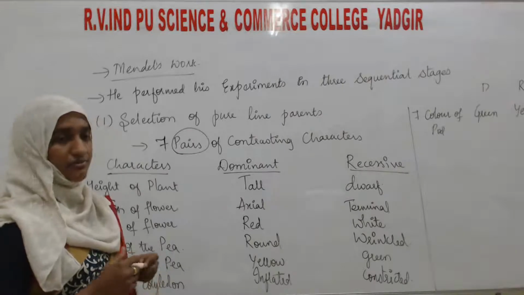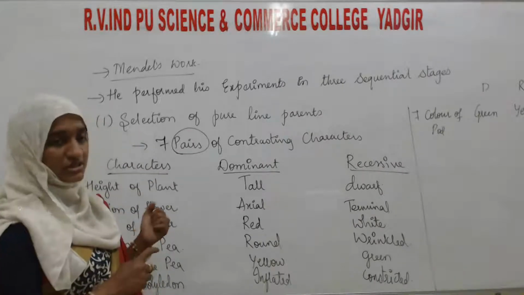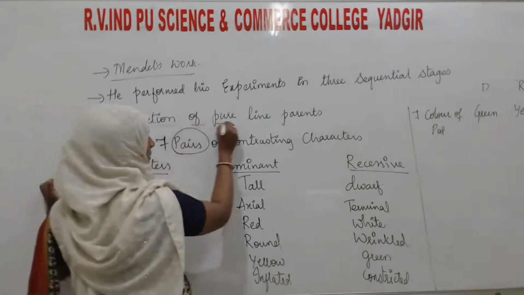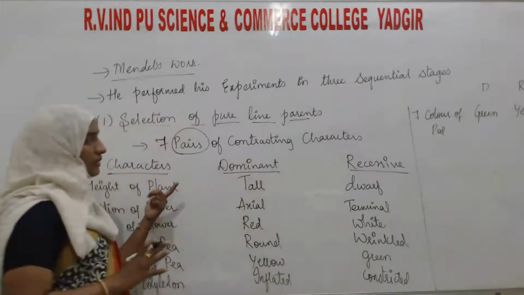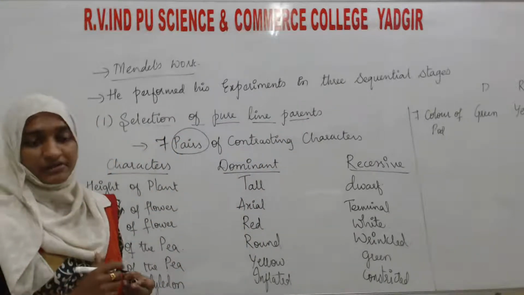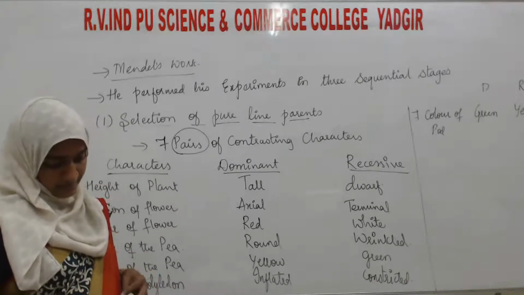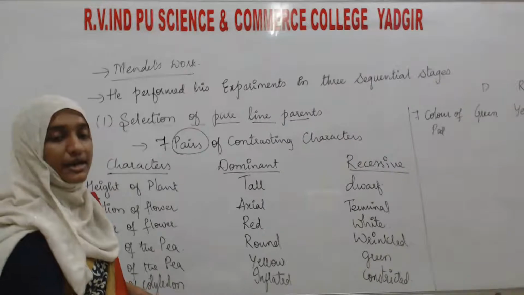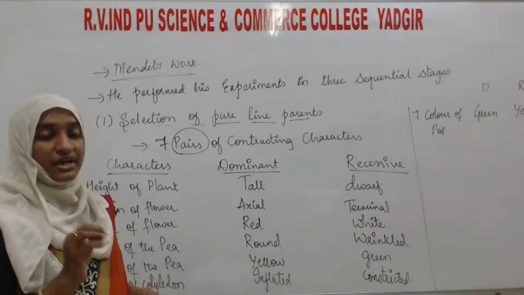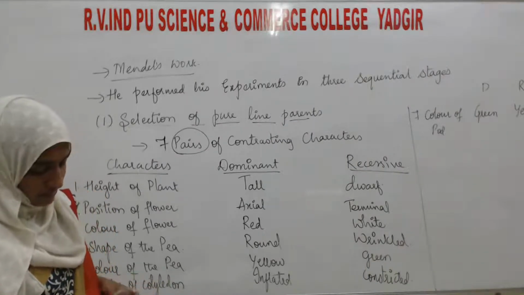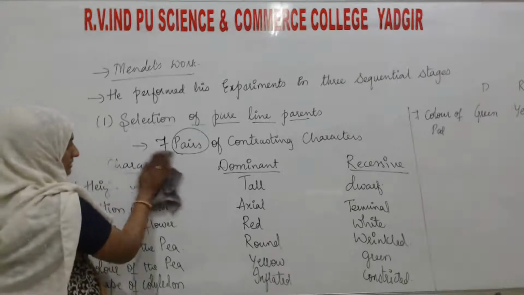First, in his first stage, in the selection of pure line parents, he had taken the 7 pairs of contrasting characters in a pea plant for his experiment. Then initially he created a pure genetic line. What do you mean by this? Pure genetic line. Let's see here.